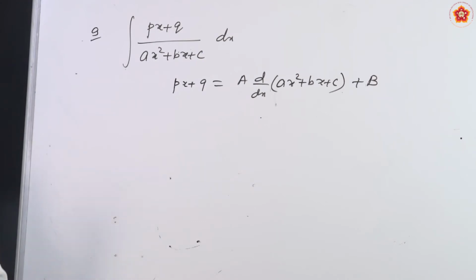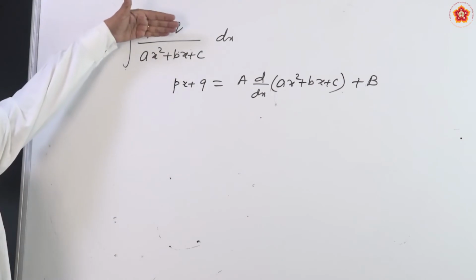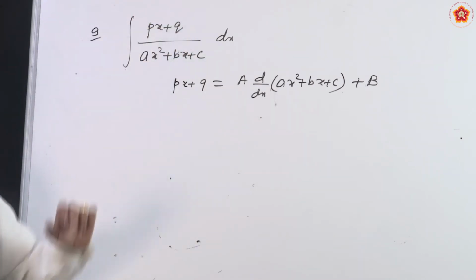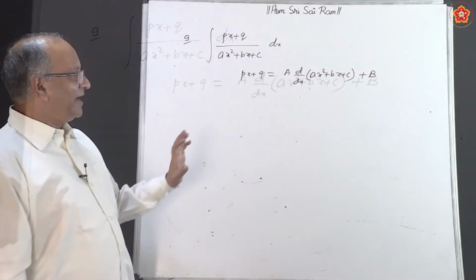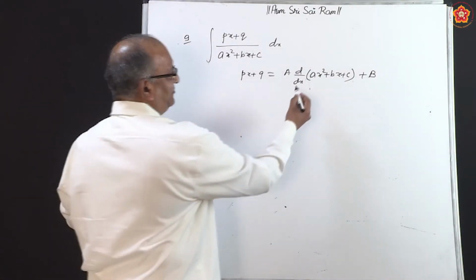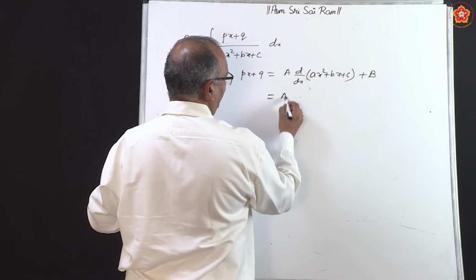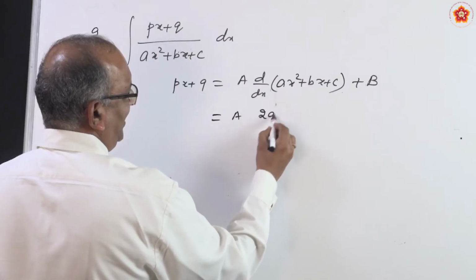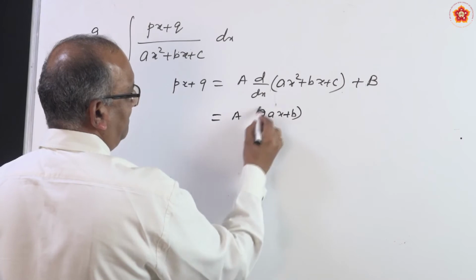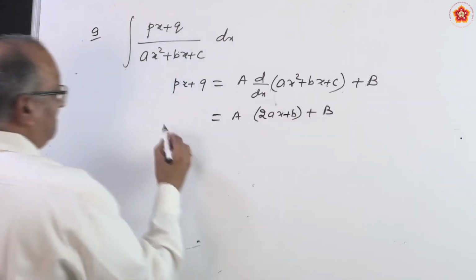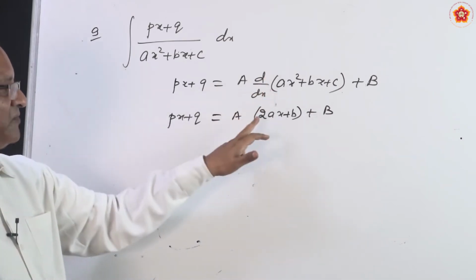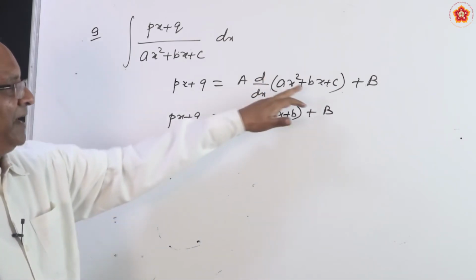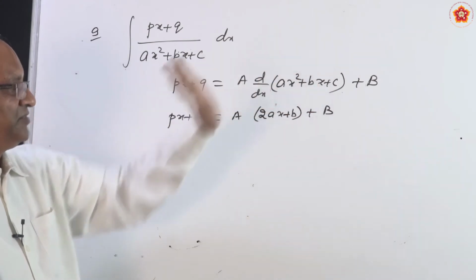The simple reason is that if the denominator is just ax square plus bx plus c, we know how to integrate, the 7th type. If you simplify, you are going to get A into 2ax plus b, plus B. Because the derivative of x square is 2x and the derivative of bx is b, and c is 0.